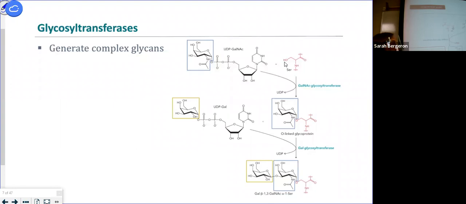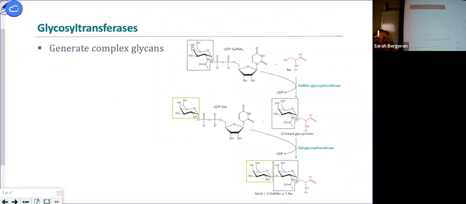So when you think about linking sugars, look down here, we'll jump ahead. What links these two sugars? An O-glycosidic bond. So you really need an oxygen in order to link a sugar. Serine is a great place where you can do that on a protein because you have that oxygen there.